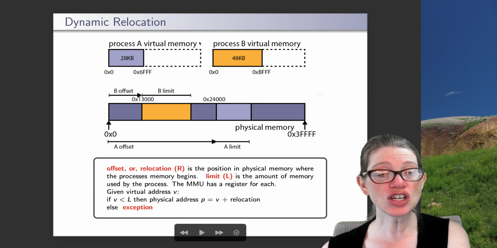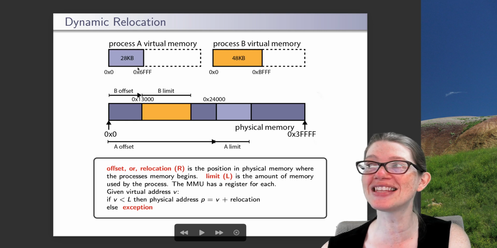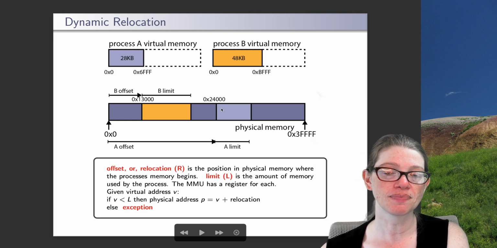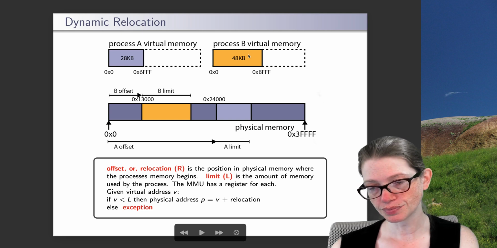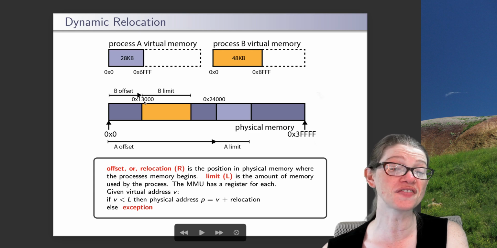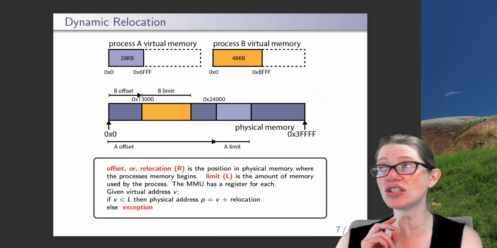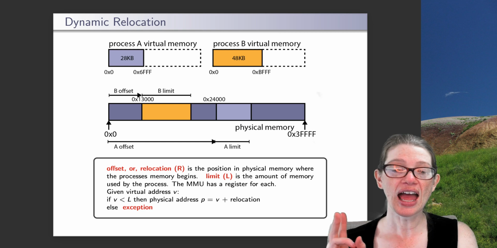It is not the length of virtual memory, because the length of virtual memory is technically 64. It's the length of the region you're actually using, which in this case is 28 kilobytes. So we're going to have the 28 kilobytes here as our limit. For process B, its offset is 13,000 and its limit is 48 kilobytes. So for each process, we are going to need to store only two integer values, the offset and the limit.